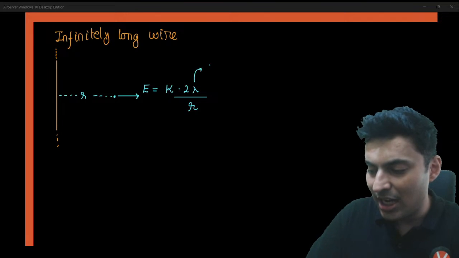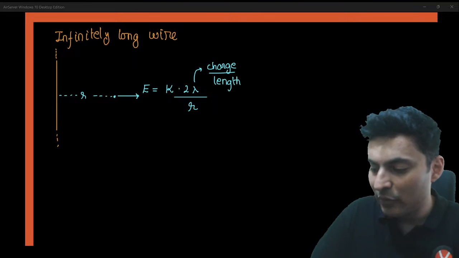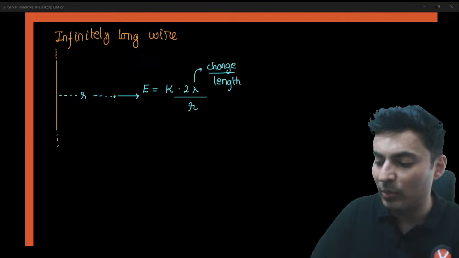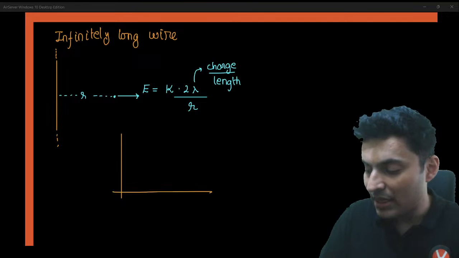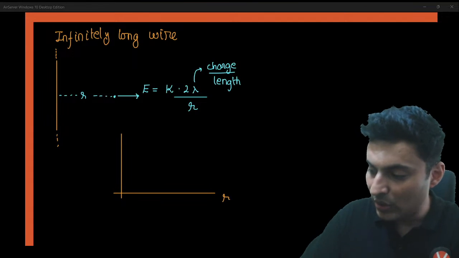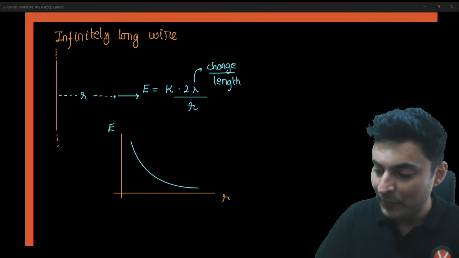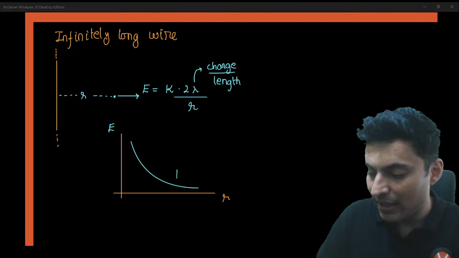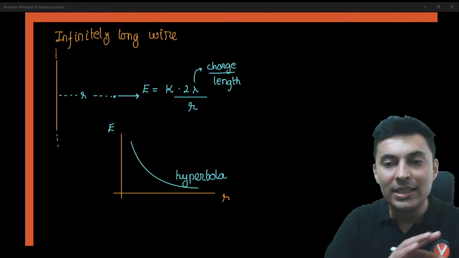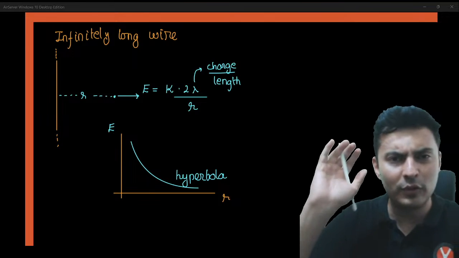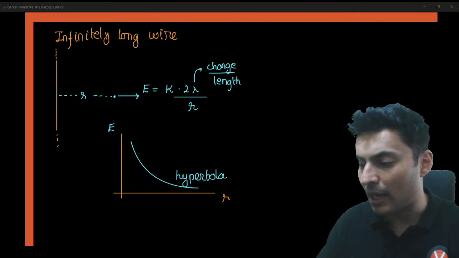This is your charge per unit length. If you notice, the field is inversely proportional to R. So naturally, if you draw the graph of field versus R, it will be a simple rectangular hyperbola. This is how the graph looks due to an infinitely long wire. Keep this in mind.